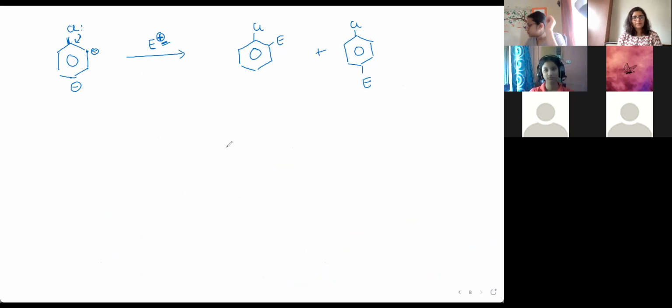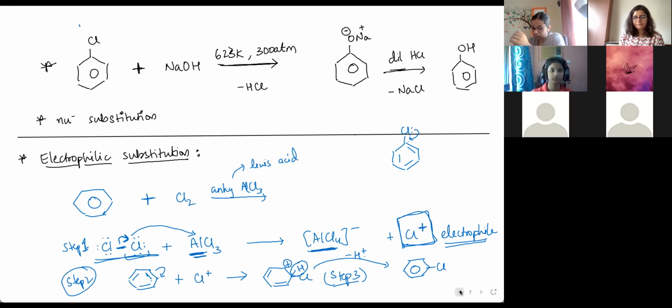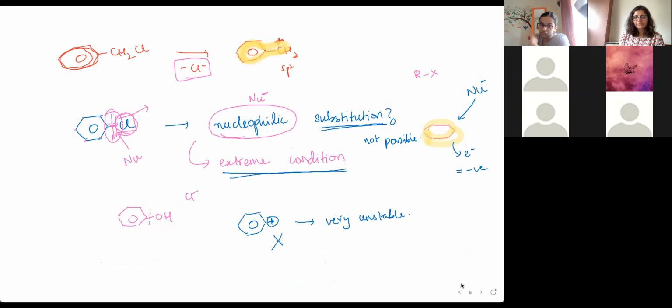Ma'am, could you go back 2 slides? So for this, this is not that important, right? You were just explaining something about this, right? This slide. You need to pay attention, Rishit. Nucleophilic substitution is not possible in haloarenes.